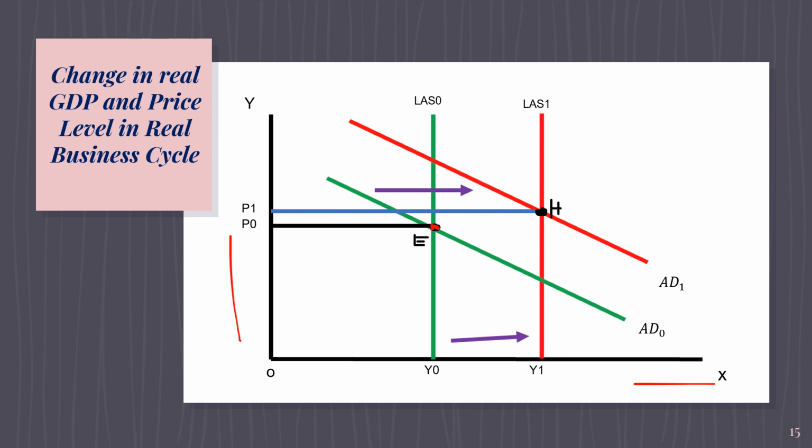Now let's assume that there is a positive technological shock in the economy. As a result, this will lead to an increase in labor productivity and an increase in employment. The expansion in employment brings about an increase in the potential real GDP, which causes an increase in aggregate supply. This increase in aggregate supply results in the shift of long-run aggregate supply from LAS0 to LAS1.